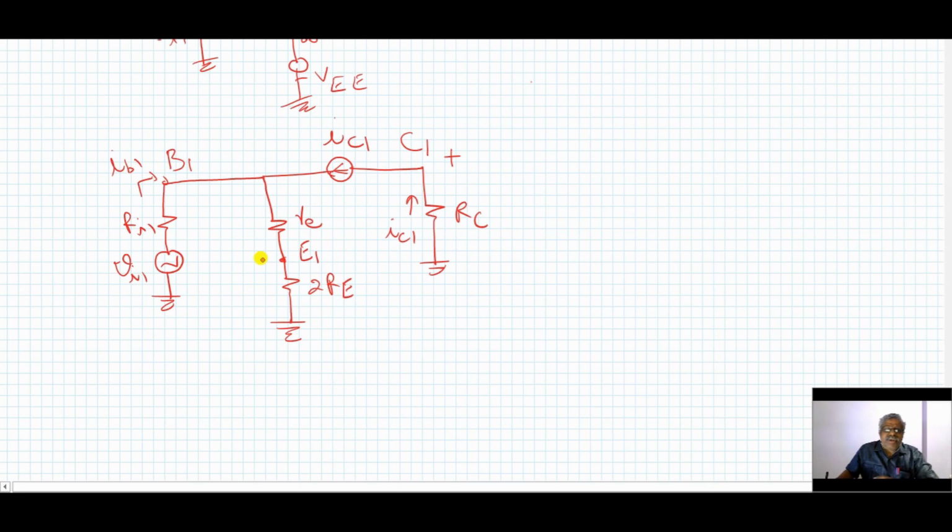Anyway, for CMRR we are taking the modulus. The current flowing through this emitter we can represent with IE1. Like this we can draw the AC equivalent circuit using this RE model. Now what we want is to take the output at collector 1. Here it is V0 or V01 with respect to ground.